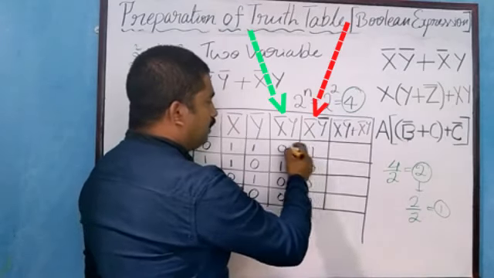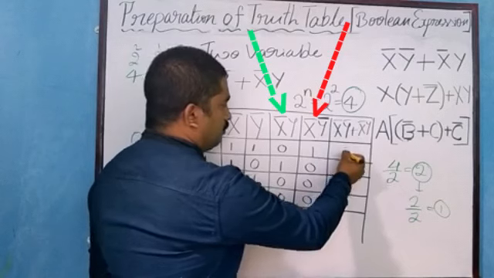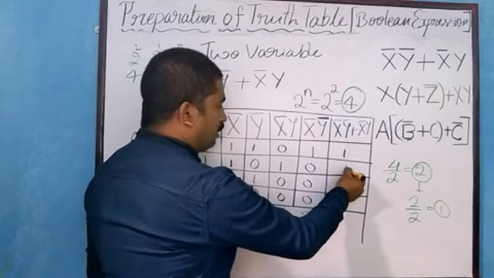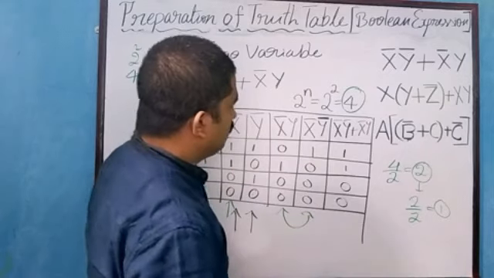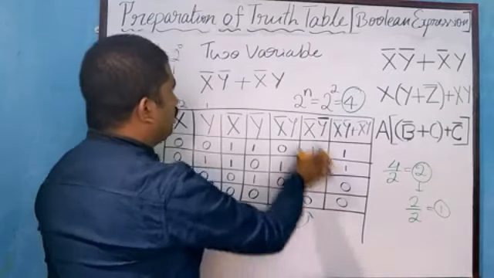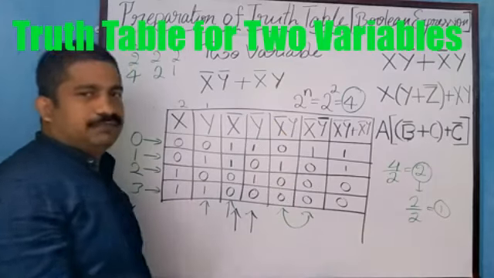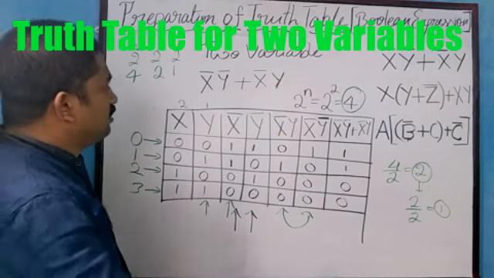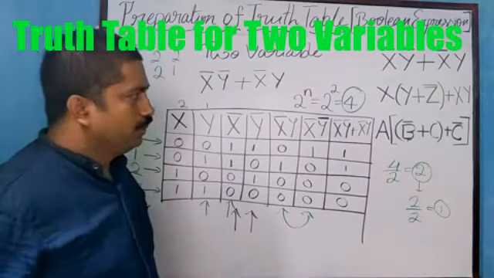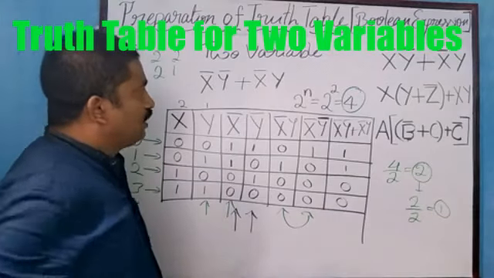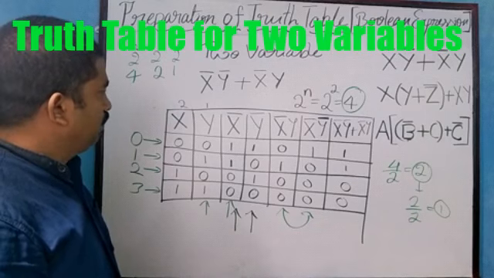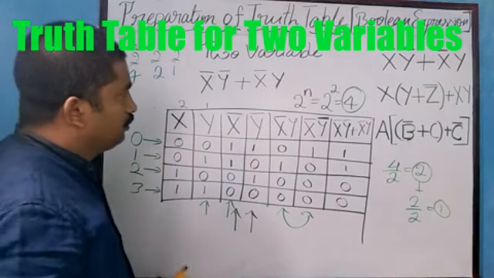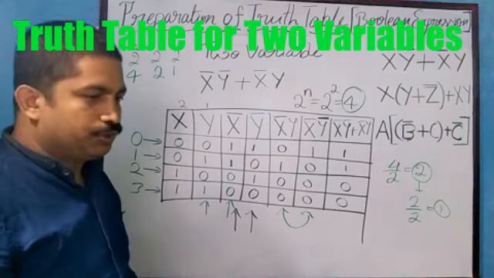Or 0 plus 1, 1. 1 plus 0, 1. 0 plus 0, 0. So this is the final thing we needed for this Boolean expression. So this is how we can prepare a truth table for a two variable Boolean algebraic expression. I hope you understood how to prepare a truth table for two variables.